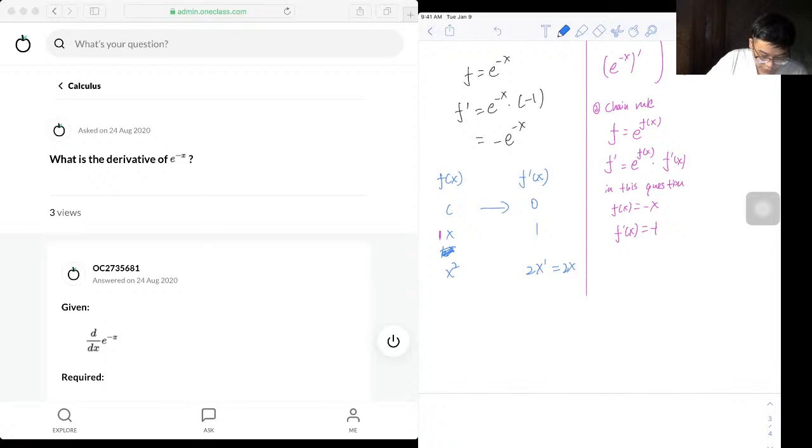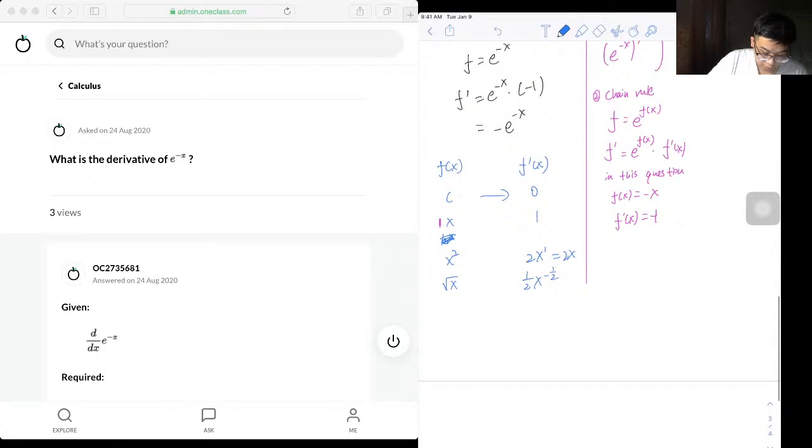And for root x, this is going to be 1 over 2x to the exponent of 1 over 2, since we can rewrite root x as x to the exponent of 1 over 2.